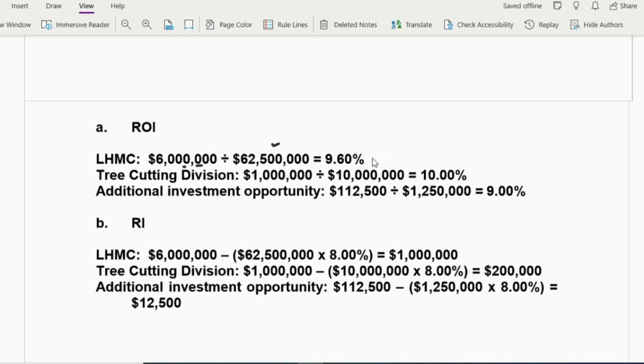When you simplify this, your return on investment for LHMC becomes 9.6%. Tree cutting division has an operating income of 1 million and operating assets of 10 million, and when you simplify this, 10% is their ROI. For the additional investment opportunity, the tree cutting division will earn 112,500 operating income, and the investment is 1,250,000.